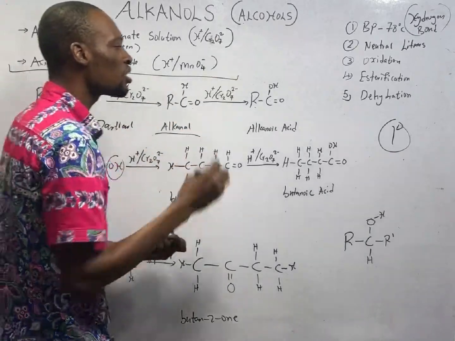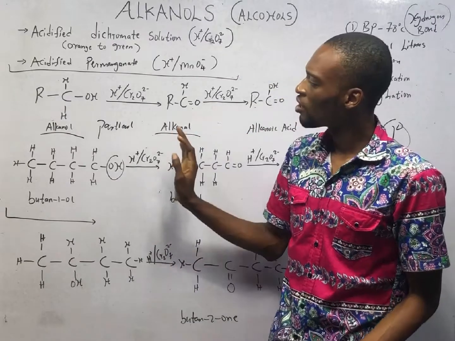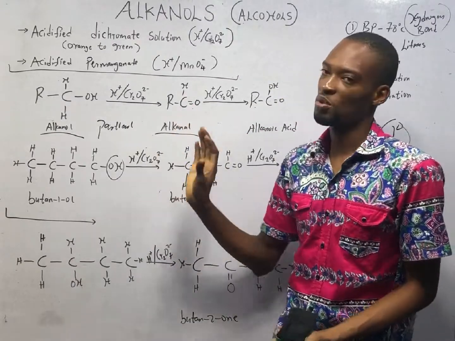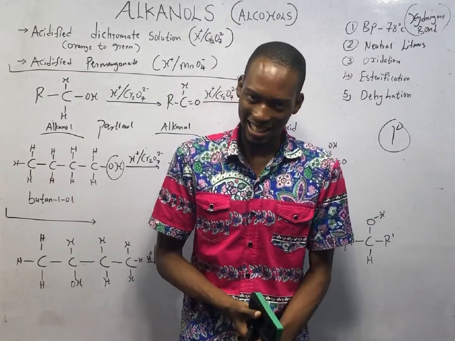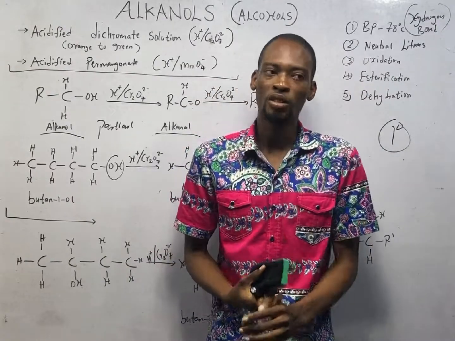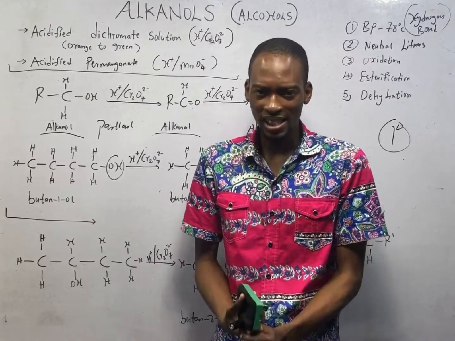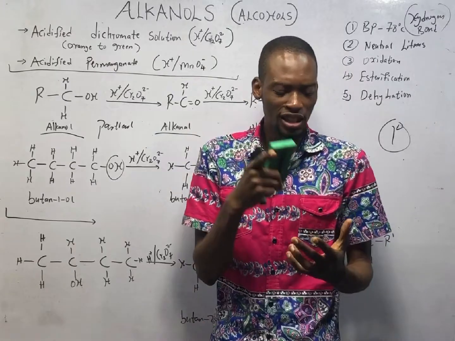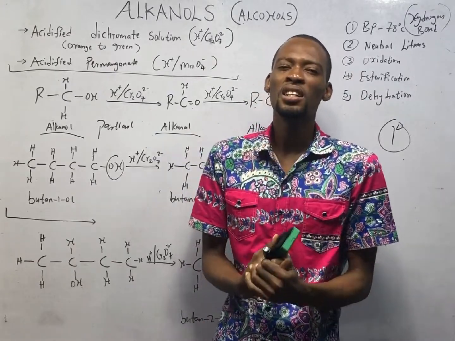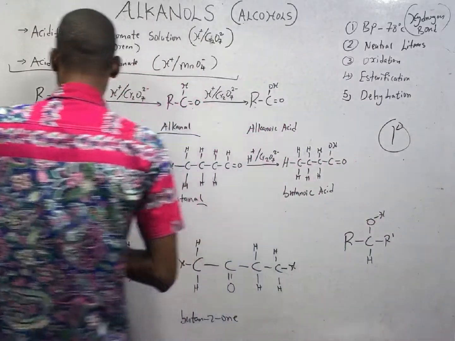Now, complete oxidation of primary alkanols will give you alkanoic acid. Before I explain the structures once again, primary alkanols can be oxidized partially or totally. So when you oxidize primary alkanols partially, you form alkanals. When you oxidize primary alkanols completely, you form acids, alkanoic acids. So look at this.